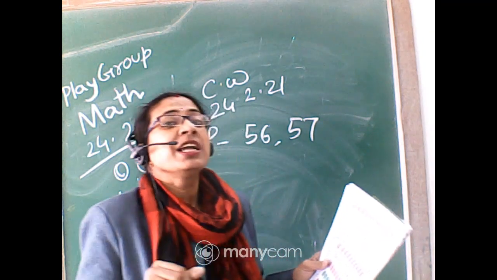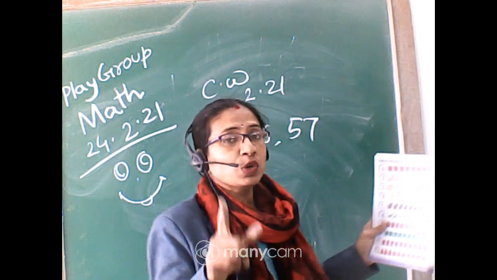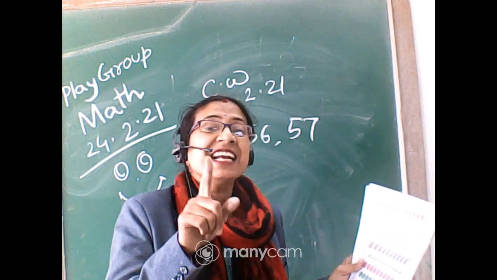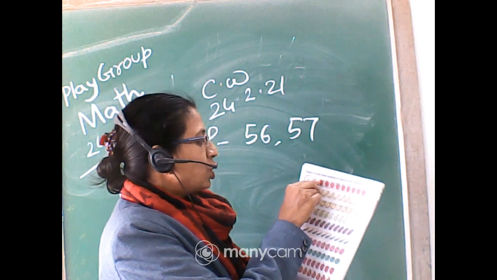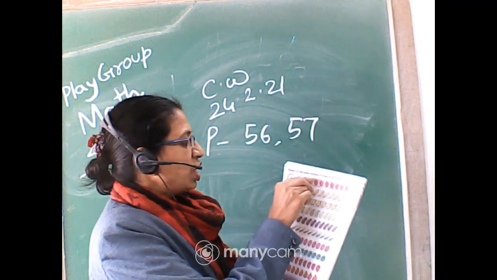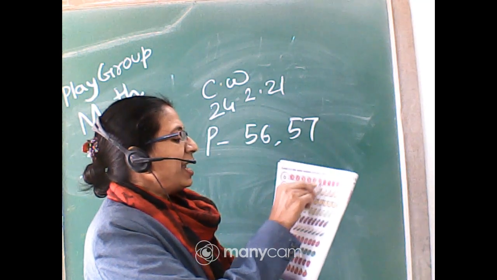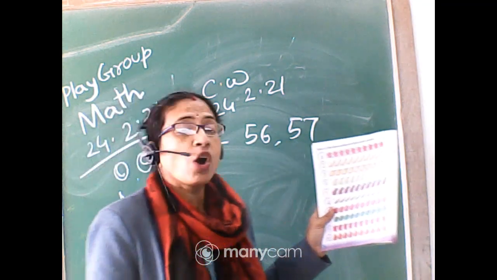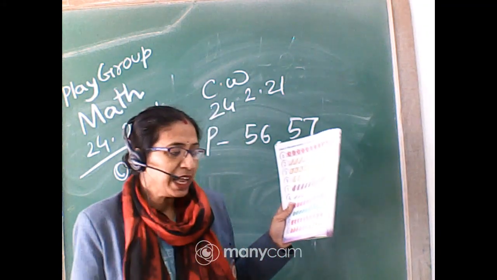But take your pencil and eraser, cross out only 6 apples. 1, 2, 3, 4, 5, 6. This way you cross out only 6 apples. Very easy for you.